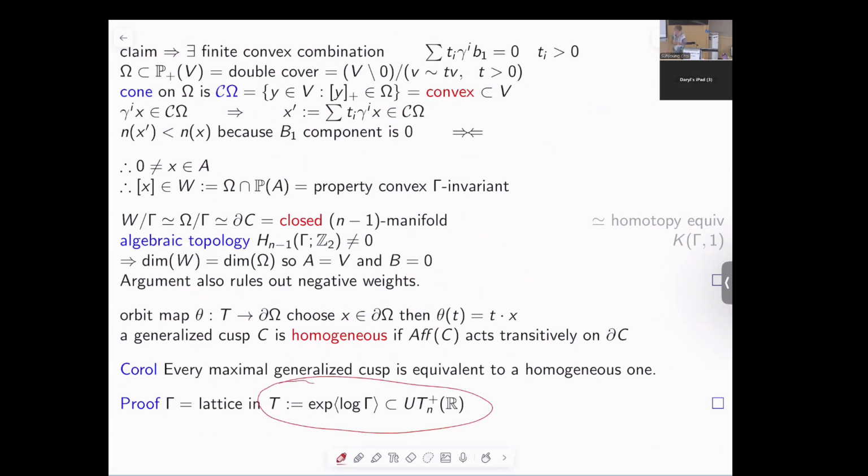Well, since all these matrices are in the upper triangular group, the exponential map from the Lie algebra is surjective onto the positive upper triangular group.